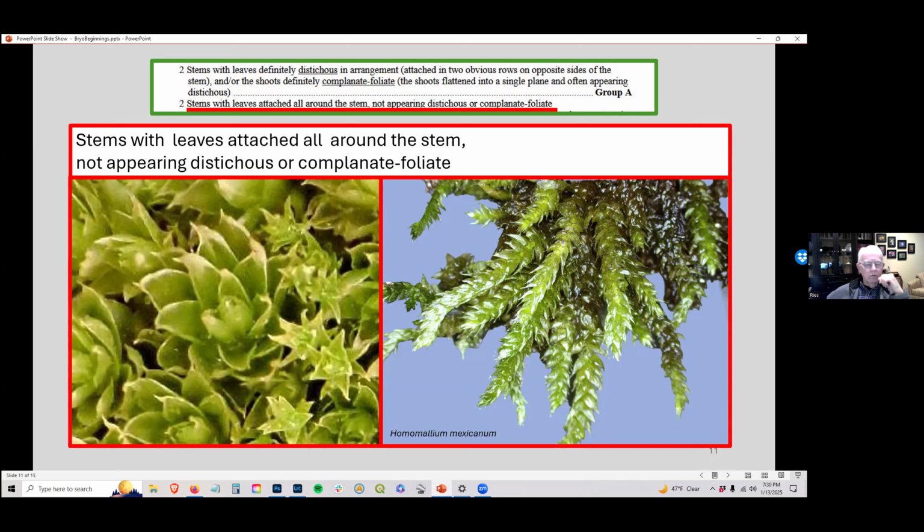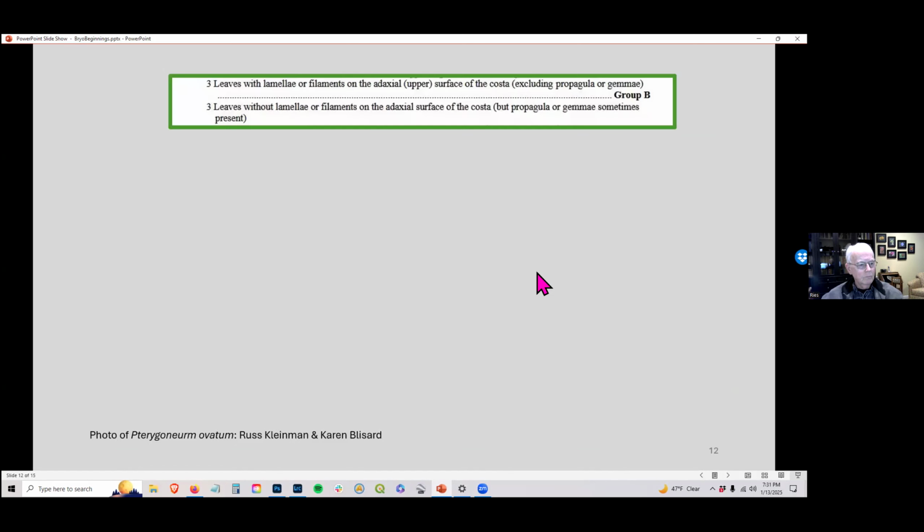And the one on the right, you'll notice some of the leaves in this one are kind of all pointed to one side, but they're still originating from all around the stem. These look kind of round because they probably are more or less round. This is a plant where sometimes the leaves are kind of hanging on one side, which is called homomallous. And sometimes it looks homomallous and sometimes it looks more round like this. You have to kind of look for it.